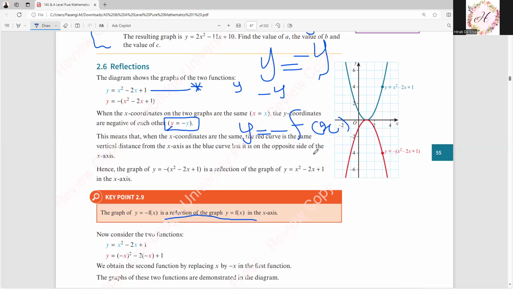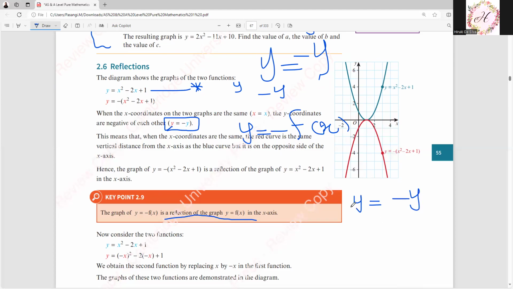Is it clear? Earlier we talked about translation, which was moving along the x-axis as well as along the y-axis. But here for the reflections, for the same x, the y values will be changing. y is equals to minus y.